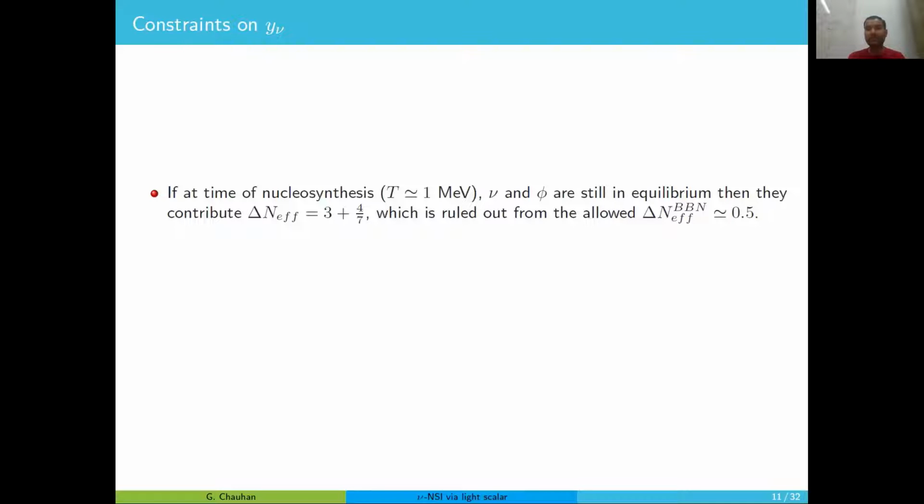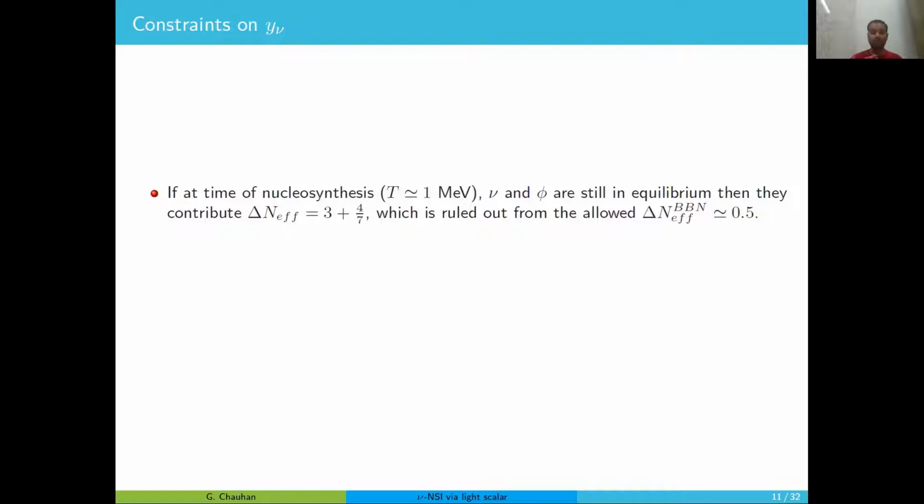If these 3 right-handed neutrinos and this extra scalar are still in equilibrium at the time, then they will contribute 3 plus 4/7 degrees of N effective at that time, which is really ruled out because I think the current limits are even stronger, but at the time it was around 0.5. So this would be really in contention if you want those nu and phi at the time of nucleosynthesis.